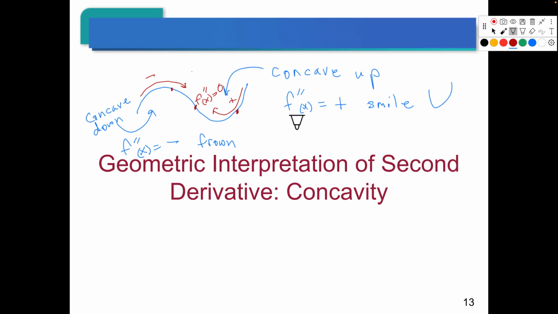And here's the thing though, I'm just interested in the sign, so I'm not so worried about the value itself. Doesn't matter if it's positive 32 or positive 16, it's just that it's positive, I know it's concave up. So we're also going to use this to help us, if we don't see the graph, we could determine whether something was a maximum, right?